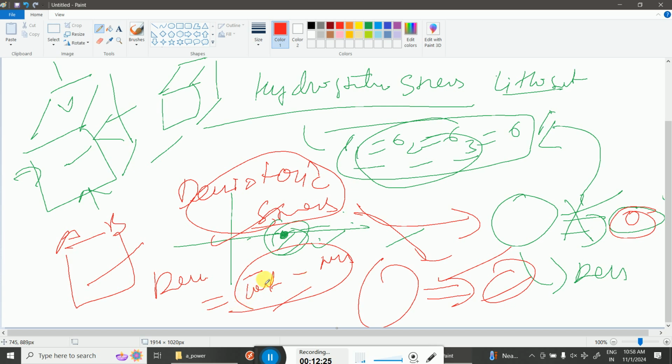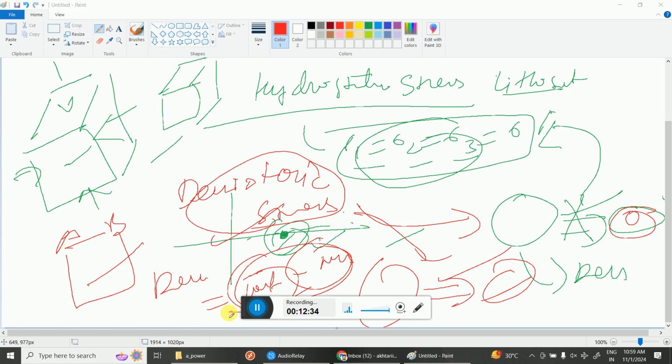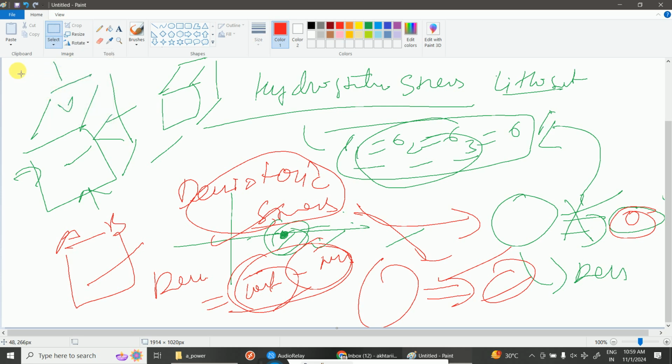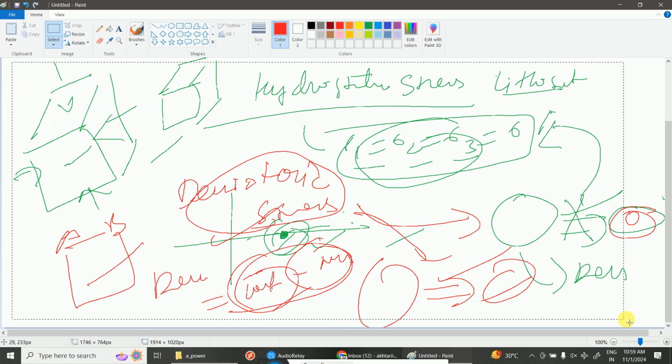Then how will we calculate the total stress, and what is the mean stress? These are two questions. When we talk about the mean stress, there are two cases, the 2D plane and the 3D plane.